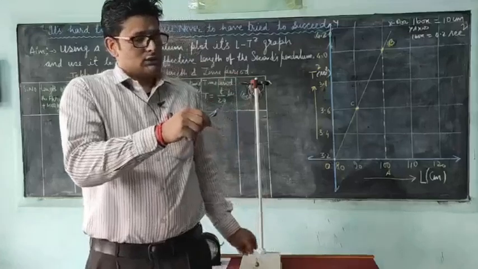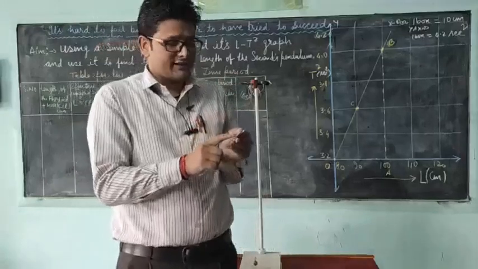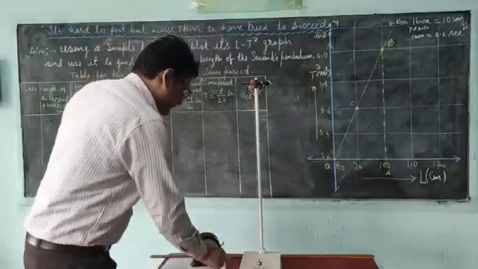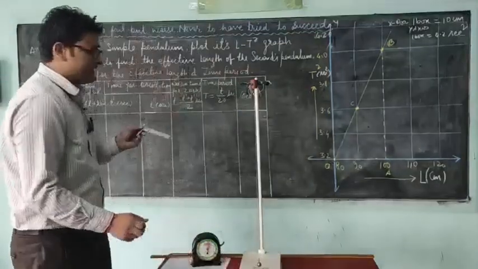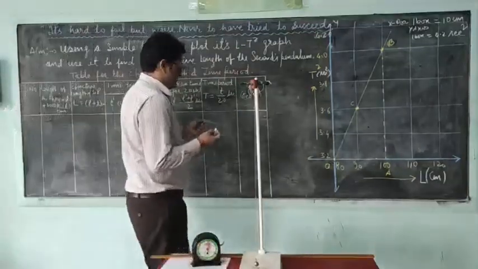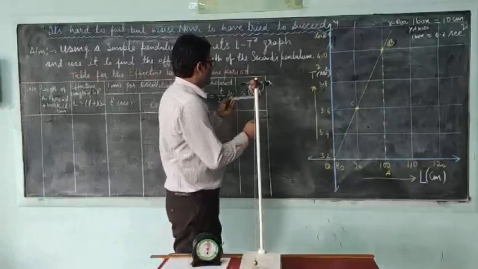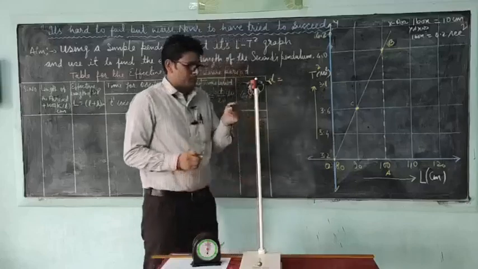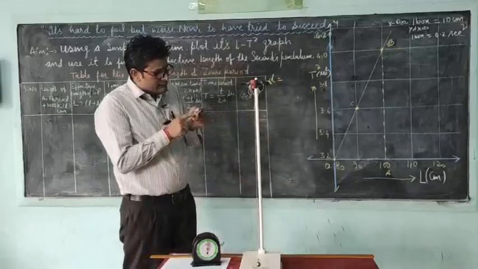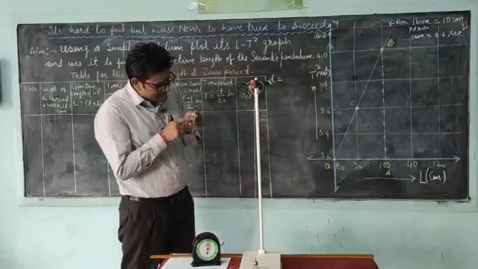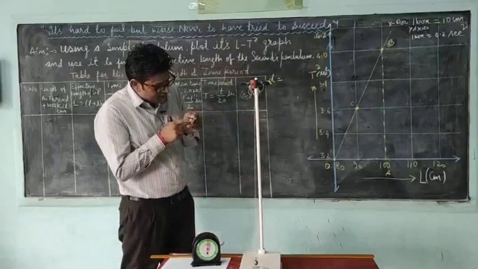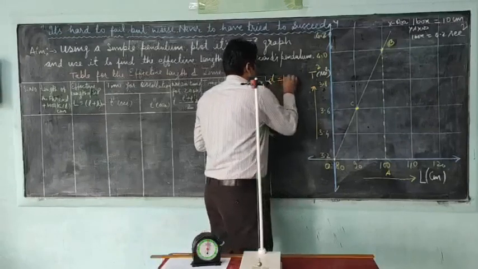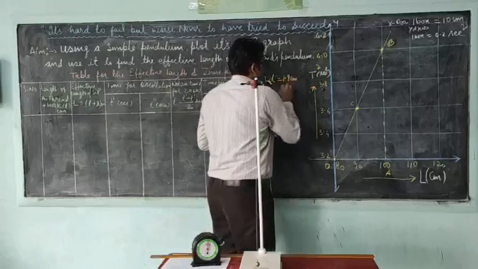Afterwards, we take the reading from the main scale as well as from the vernier scale. So here the diameter D is equal to: in the main scale reading, I am getting up to 1.9 centimeter.